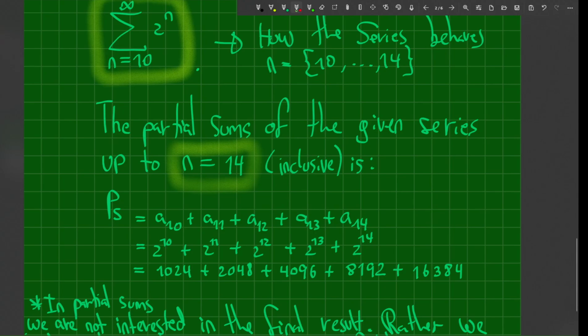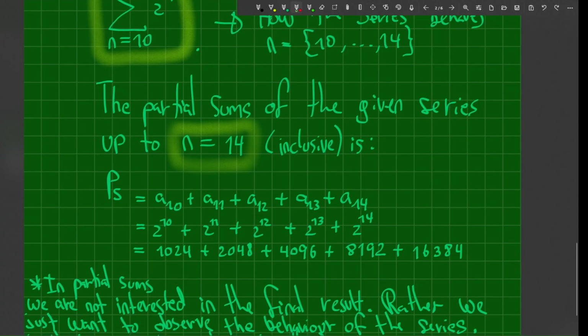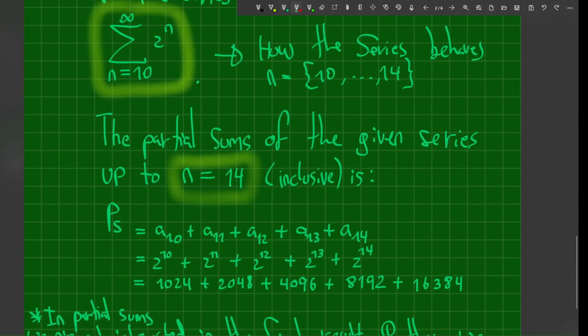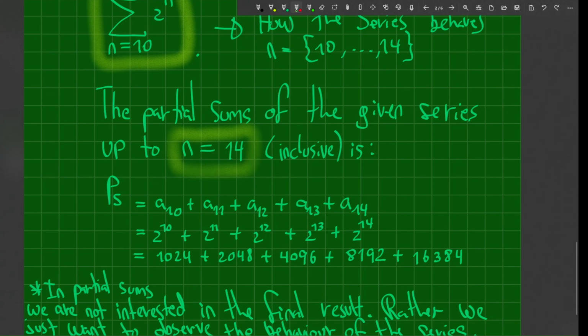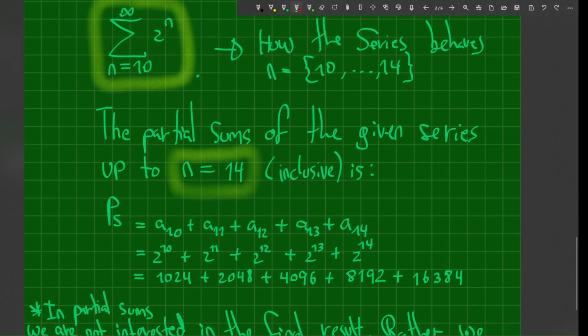The element 0, 1, 2, 3, 4. So 4 iterations, and we substitute n by the effective number, which increments by 1 at each iteration until 14, which is the upper bound that we temporarily define for the study of the partial sums. Right, and then we get these results.